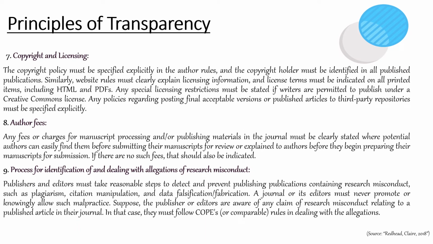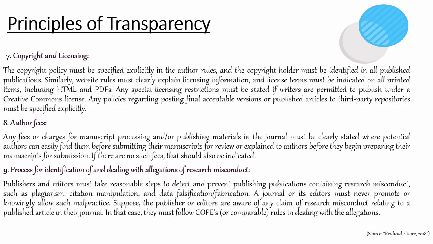The seventh is copyright and licensing. The copyright policy must be specified explicitly in the author's rules, and the copyright holders must be identified in all published publications. Similarly, the website must clearly explain the licensing information, and the terms of licensing must be indicated on all printed items, including HTML and PDFs.